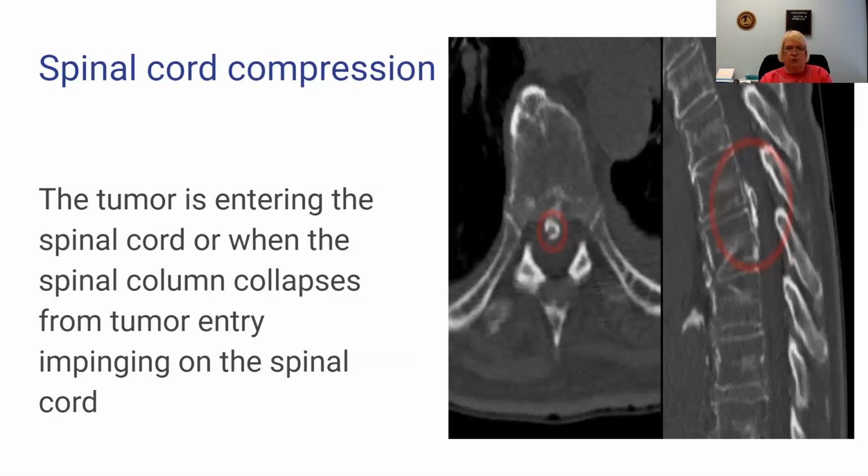Okay, then the next one is spinal cord compression. This occurs when the tumor is entering the spinal cord or when the spinal cord collapses because of that tumor entry, and it's impinging on the spinal cord itself. Signs and symptoms would be back pain that occurs before those neurological deficits occur.